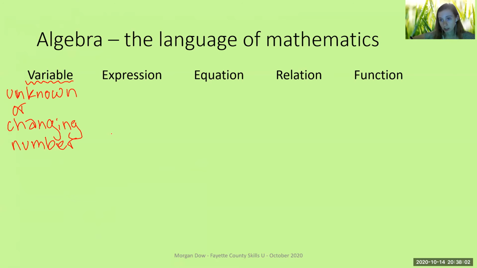Again, that's just tradition. The letter is acting just as a placeholder for this unknown or changing amount. So another way you could think of a variable is a letter that represents a number. It's just like a little placeholder.